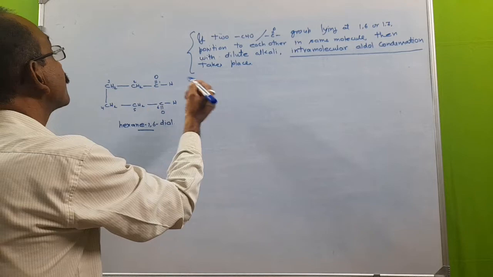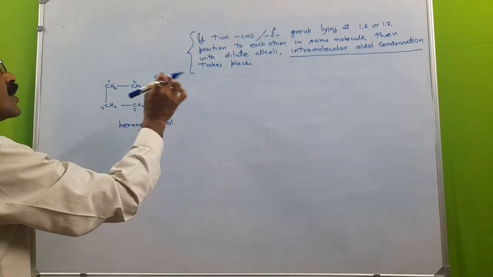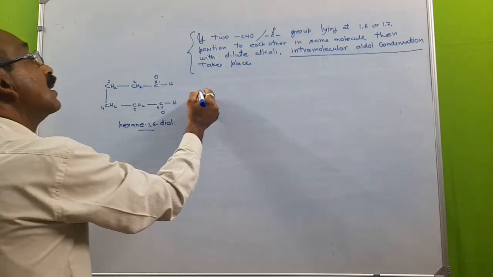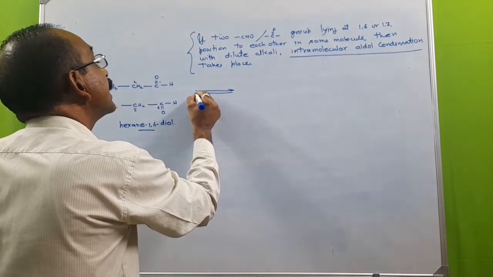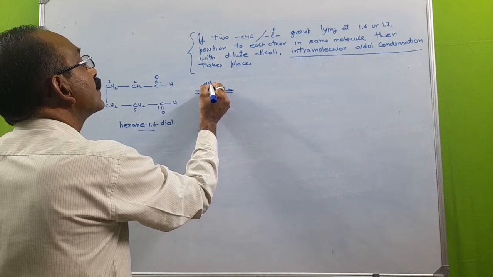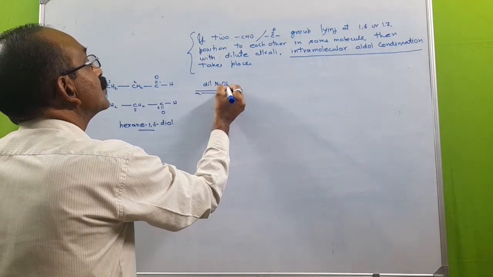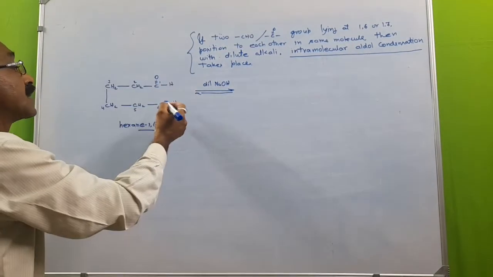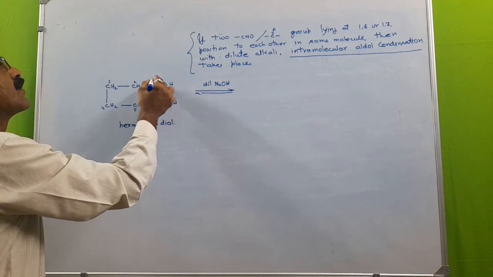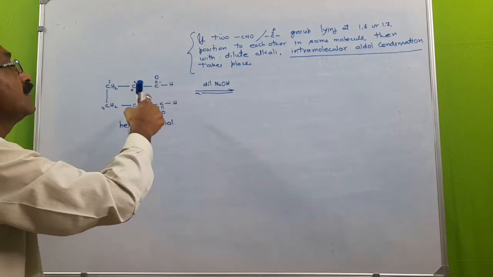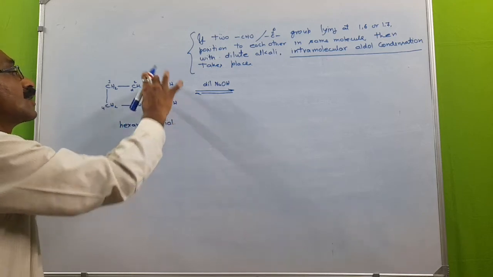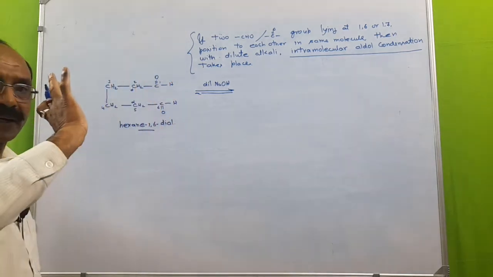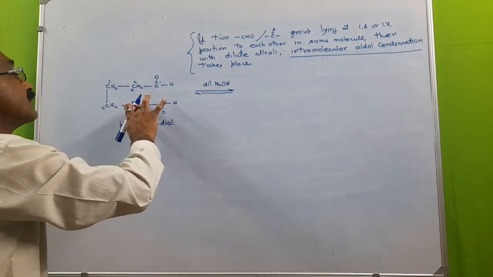So here what happens? This compound is treated with a dilute alkali. So what will happen? See, the adjacent carbon to this one is the alpha carbon, and these hydrogens are alpha hydrogens. Same way here. So both the groups are having alpha hydrogen. What will happen?